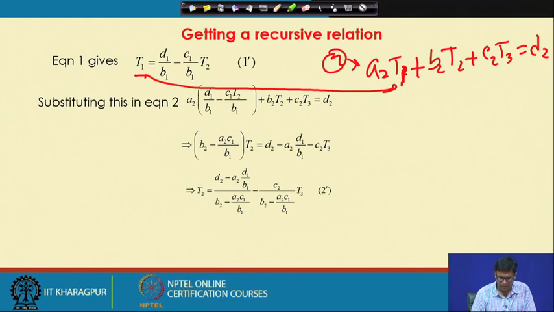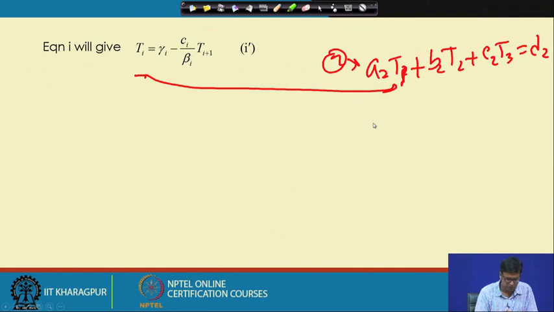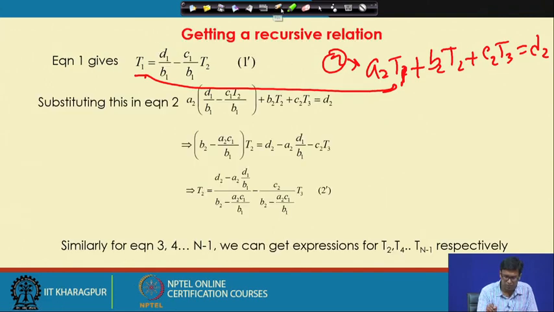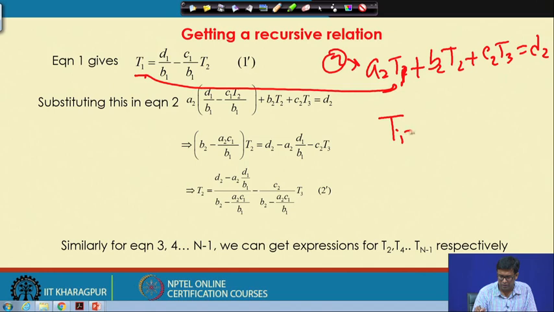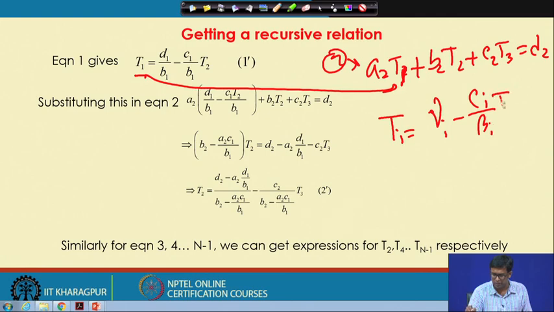So, a few things we can see which are interesting here, that there is a general form that Ti is equal to some constant, say gamma i, minus Ci divided by some constant beta i, times Ti plus 1. This is a general form we are getting for these two equations.